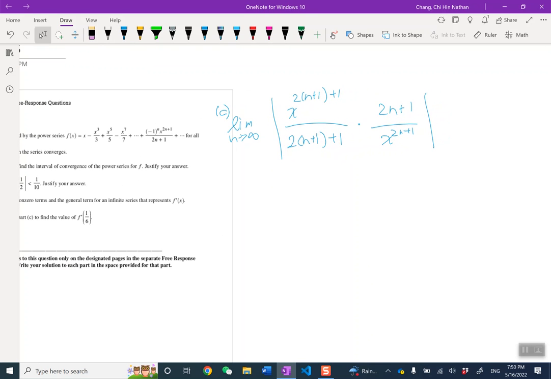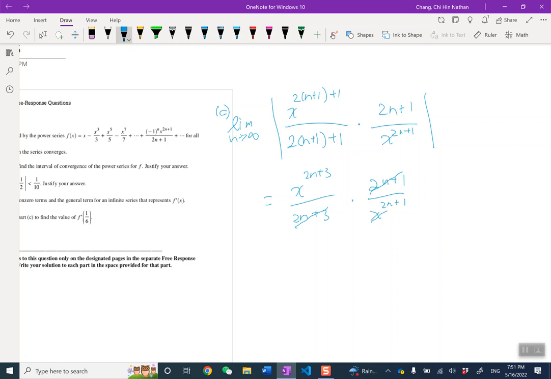And we can cancel a little bit, so it's gonna be (2n+3) over (2n+3) times (2n+1) x^(2n+1). And what we got here, because n is approaching infinity, we can just cancel these out, because as n is infinitely big, the difference between here doesn't matter.